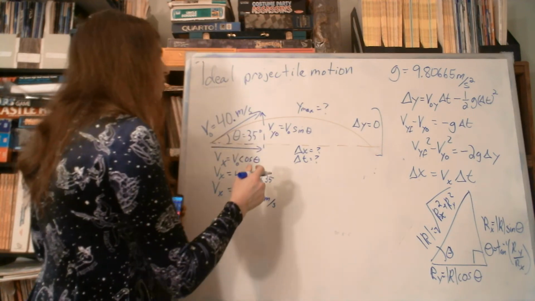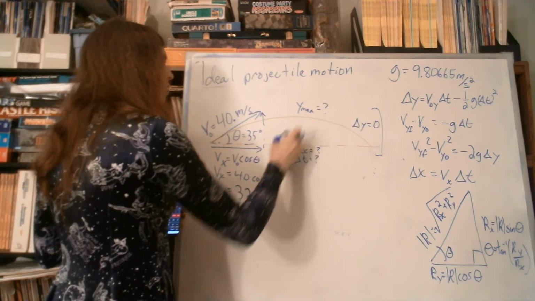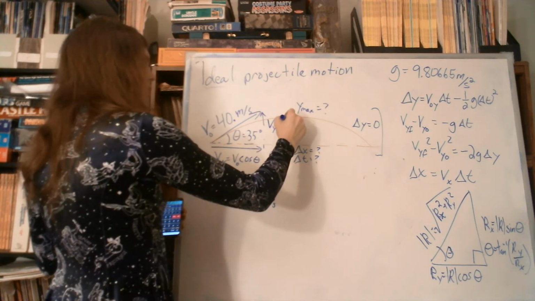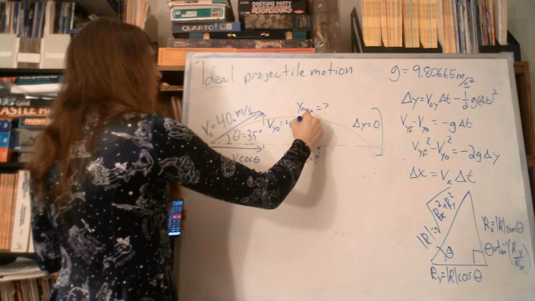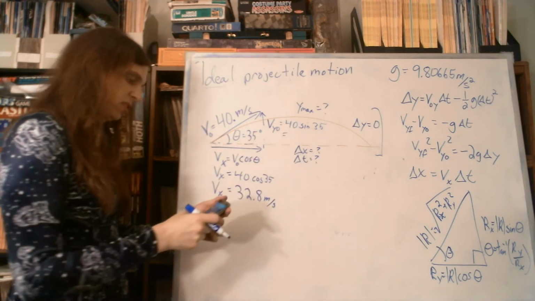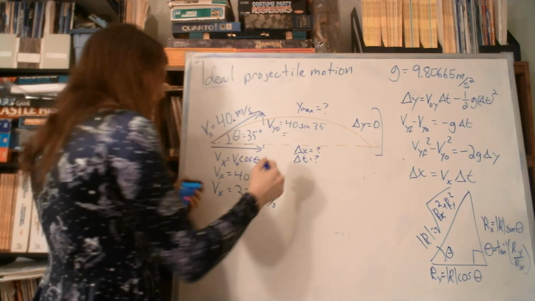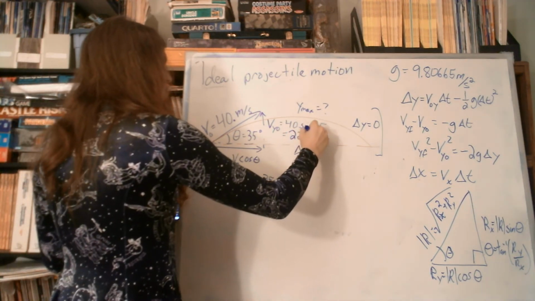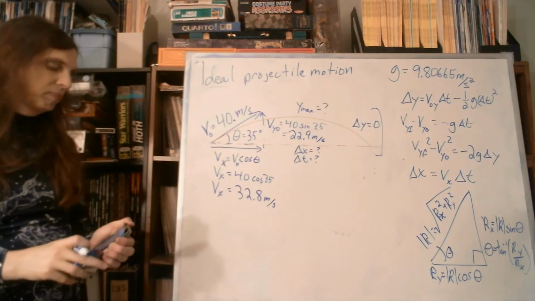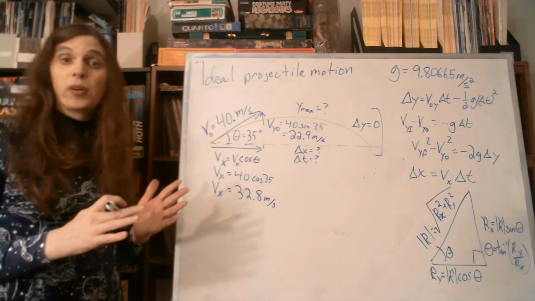And then the y original, that's going to be 40 sine 35, which is 22.9 meters per second. Okay, so those are our components.